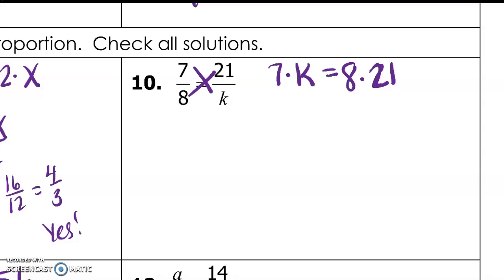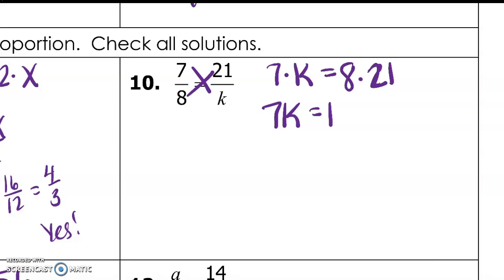If you need to write out the multiplication each time, that's totally fine. So the way we write 7 times K is just 7K equals 8 times 21 is 168. Most of you will probably be able to just go right to this step and not have to write that out, okay? If you're able to know just to multiply and do the multiplication right off the bat, that's great.